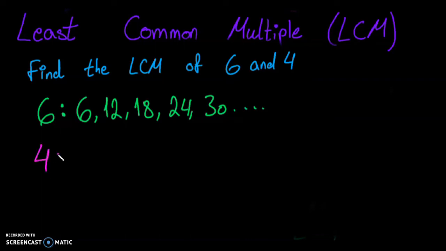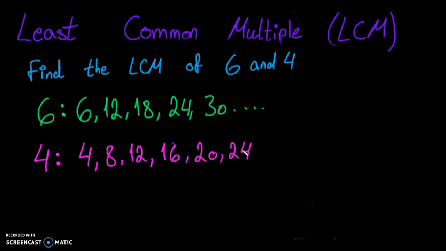How about 4? 4 times 1, 4. 4 times 2, 8. 4 times 3, 12. 4 times 4, 16. 4 times 5, 20. 4 times 6 is 24. Now the common multiples are 12 and 24.